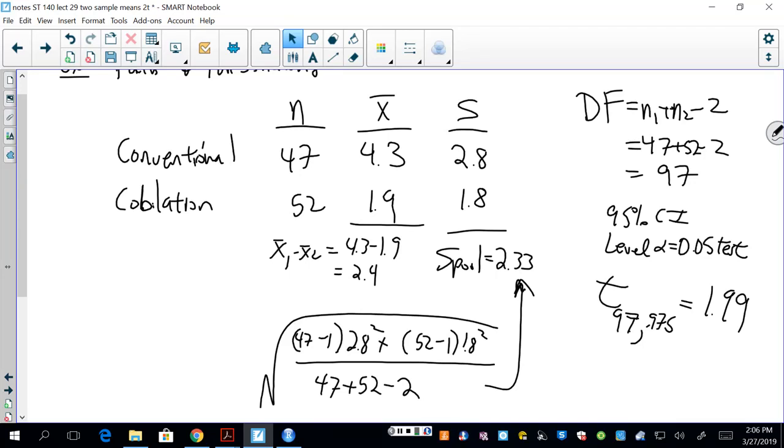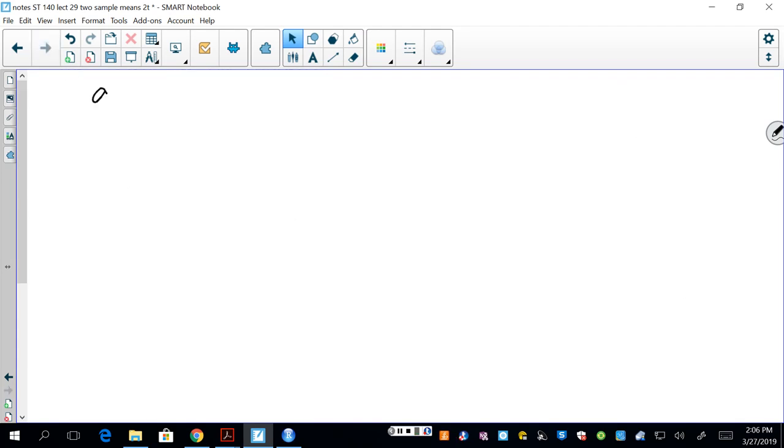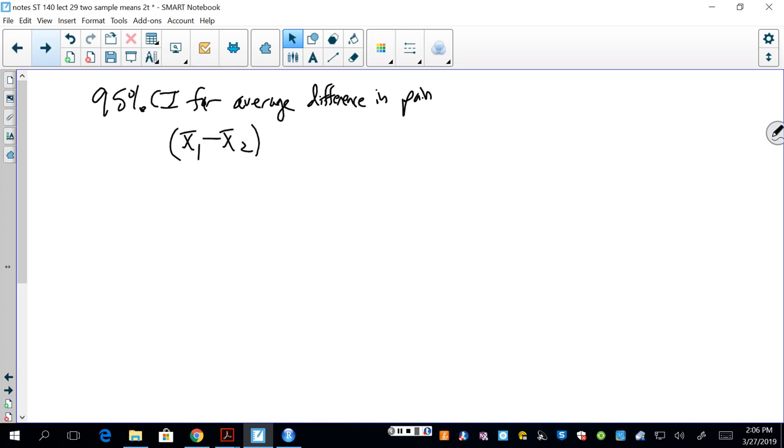So we have our average difference. We have our pooled standard deviation and sample sizes, so we can get the standard error. And we have a t reference. So the 95% confidence interval for the average difference in change is x bar 1 minus x bar 2 plus or minus our t value times the standard error. This average difference was 2.4.